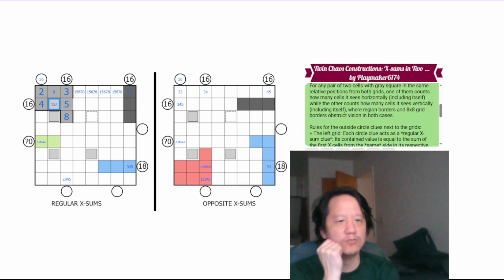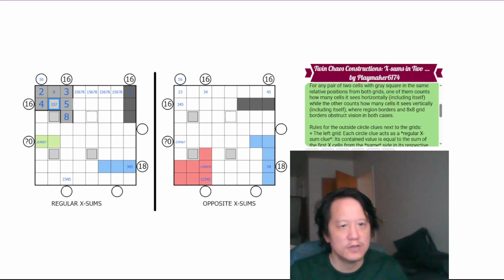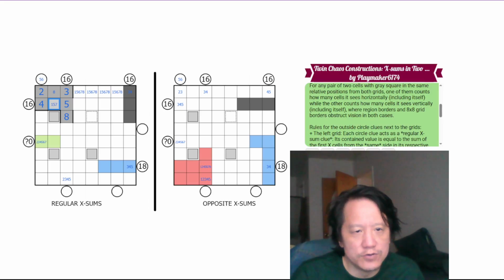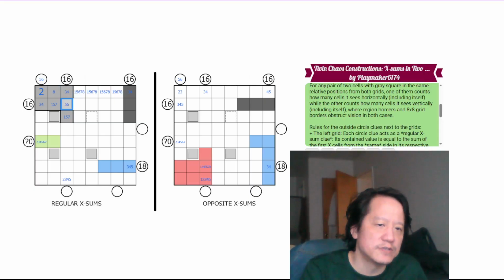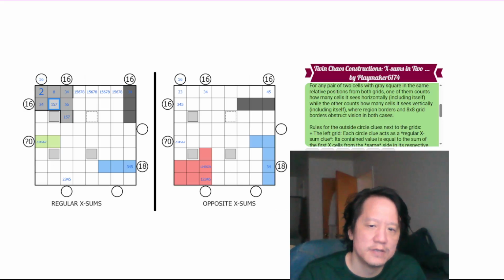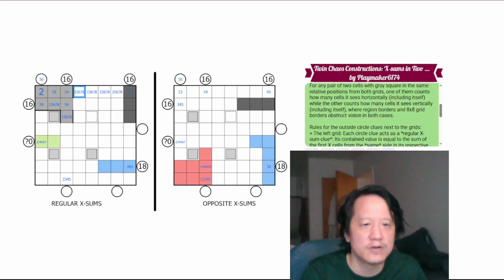It would have to be 1, 6 in that row. So either of those could work. So this is then 5 or 6. This has to be 1 and 6 with 8, and then this would be 7 there. That's interesting.